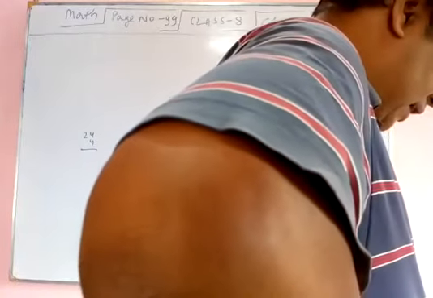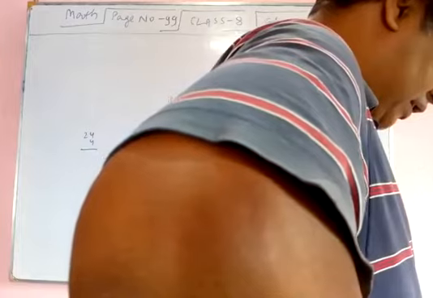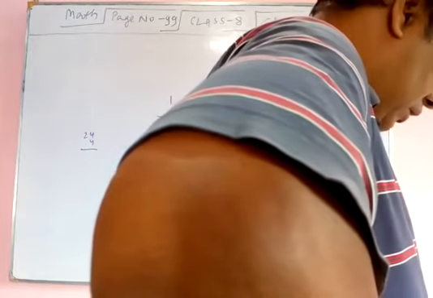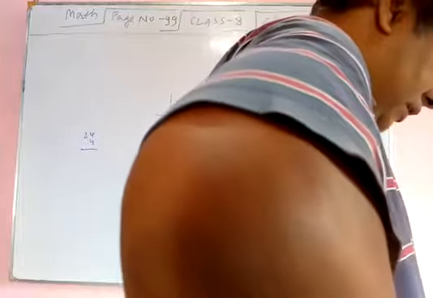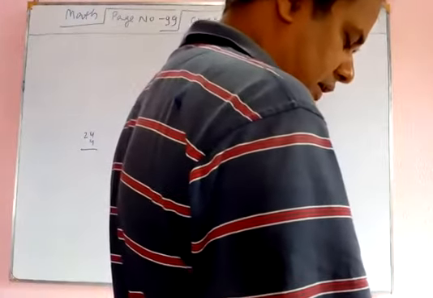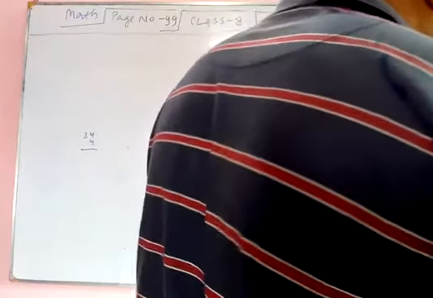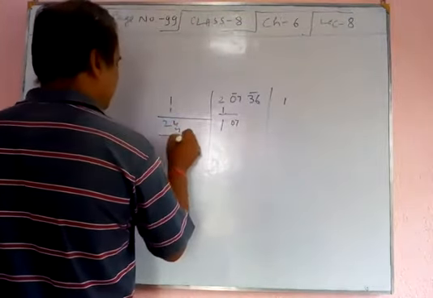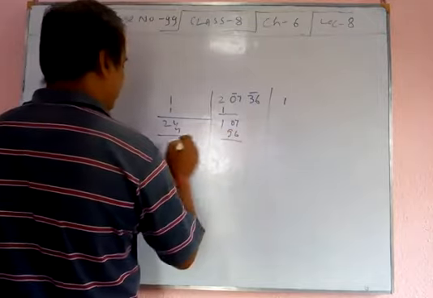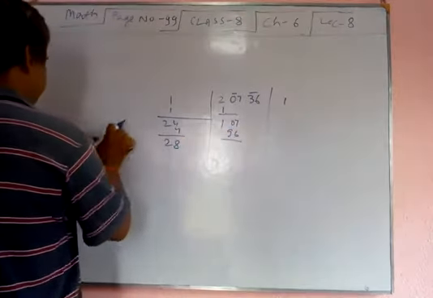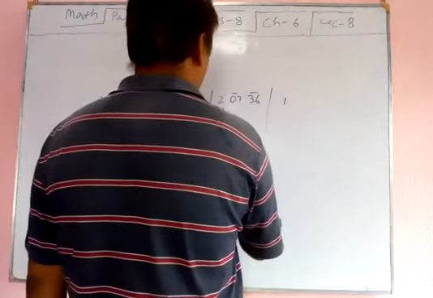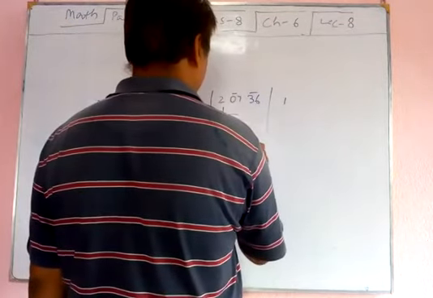To get the second divisor, double the first quotient, in this case that is 2, and write it as the next divisor, keeping the units place blank. Step 5: the unit digit of the new divisor should be chosen in such a way that the product of this digit and the new divisor is equal to or just less than our new dividend. In this case, the new divisor is 24. So here 4 will be there, and here 96 will be there. Then again 1 will be there, 3, 6 will be there.